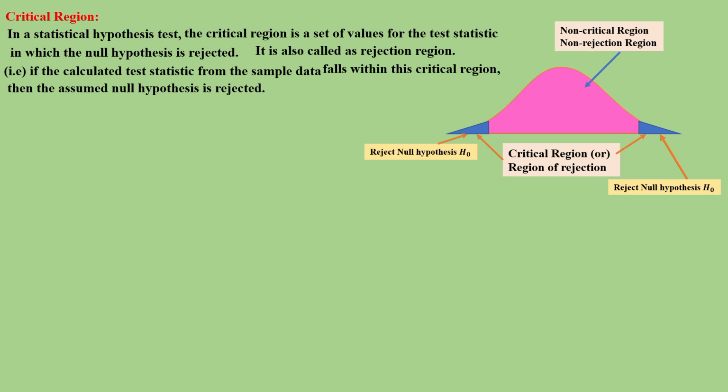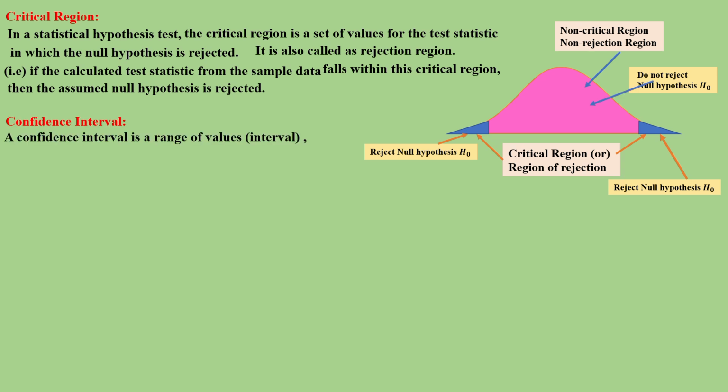Anyway, this is the negative side, that is the positive side, and the center, the middle, is the origin, z equals 0. In the non-critical region, you have to accept the null hypothesis, and reject the alternative hypothesis.